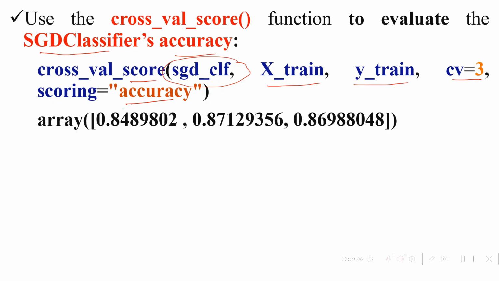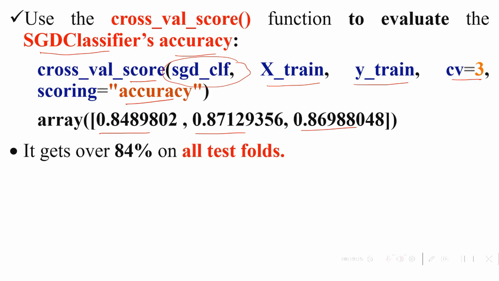The array displays three values: 0.84, 0.87, 0.86. In all the cases we get good performance.